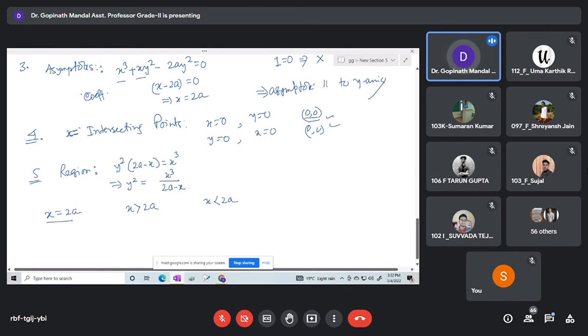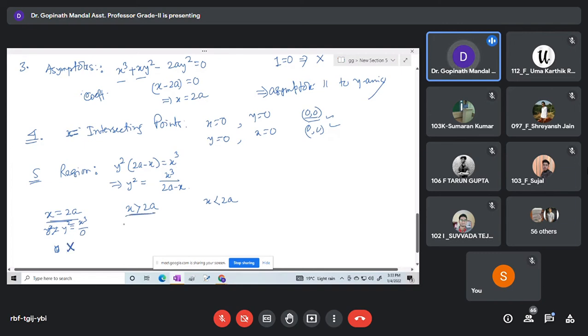When x equal to 2a, then y square will be infinite, x cube by 0, so we can't find y. So we neglect this case.